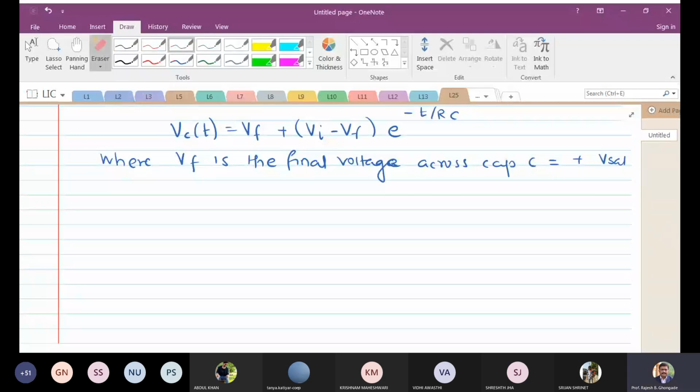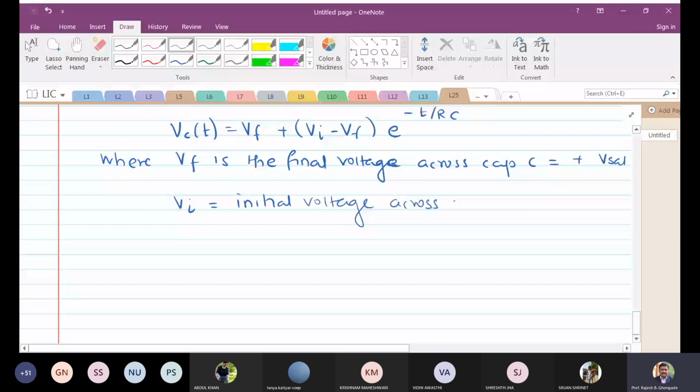All right. And what is Vi? It is the initial value, or initial voltage, let us say, across the capacitor, which is equal to minus beta Vsat.